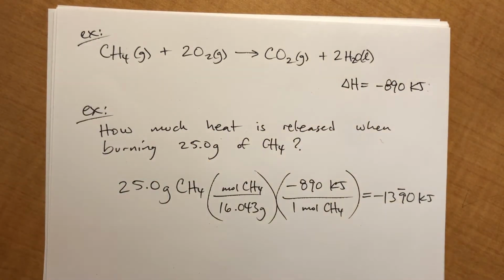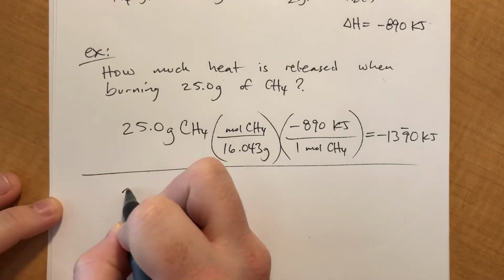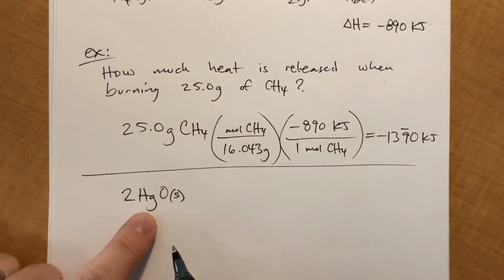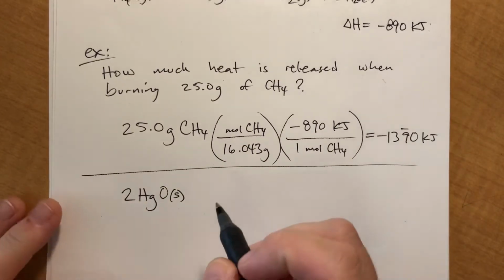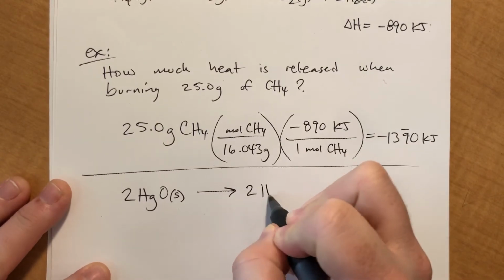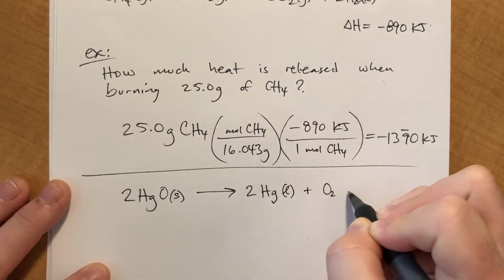Okay. If we look at a different example, so let's say we've got this reaction. Mercury(II) oxide is a solid, apparently. And if you have 2 moles of that, it could break down into 2 moles of mercury, which is a liquid, and O2.